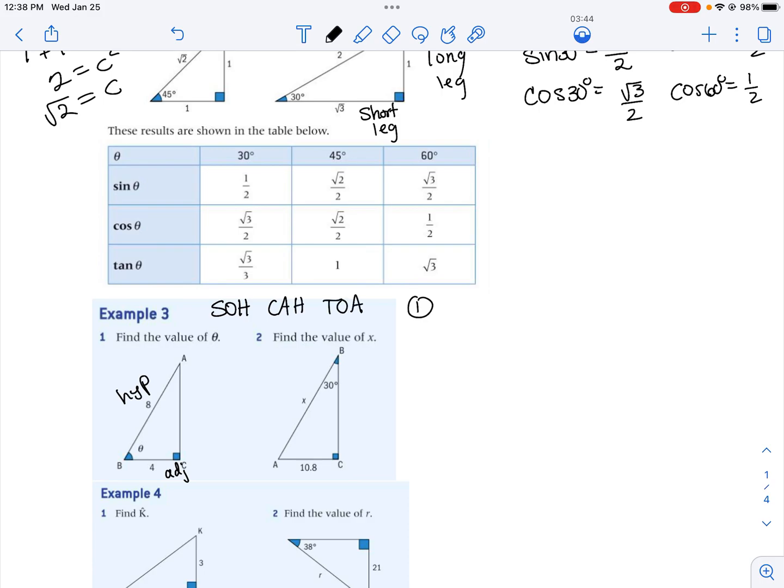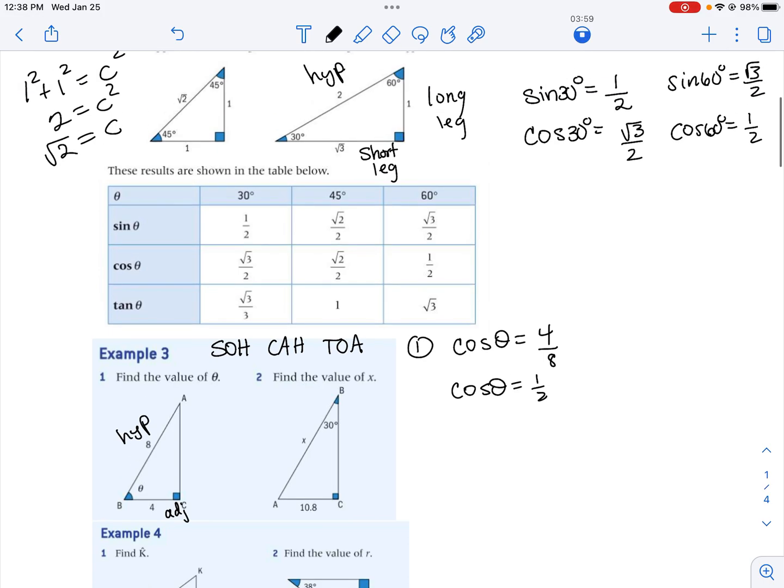Adjacent and hypotenuse. What trig function is that? Well, that's the cosine function. So the cosine of theta is 4 over 8. So if I look at my chart above, I should know then that theta is 60 degrees.